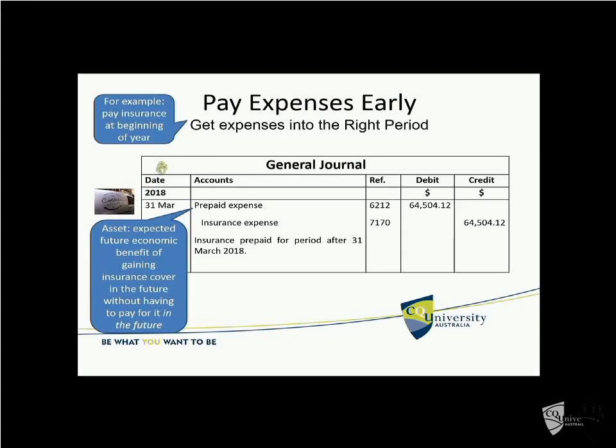So you can see in this case, we're taking some of the insurance expense out of this period because we prepaid it, and we're creating an asset that will be sitting there just for the day on balance date. And the amount of that is the amount of insurance that we had paid that covers the period after balance date.